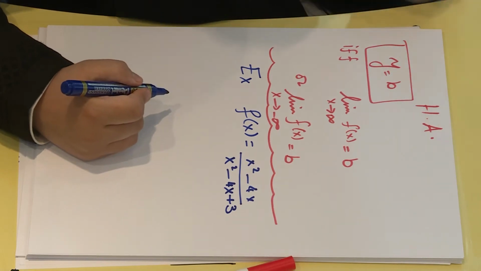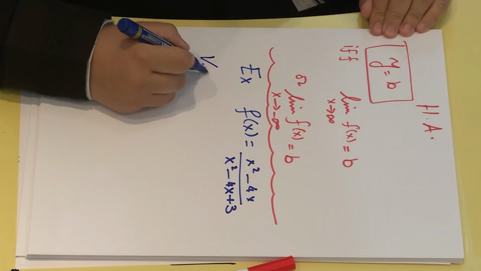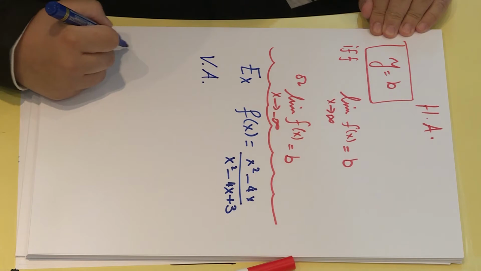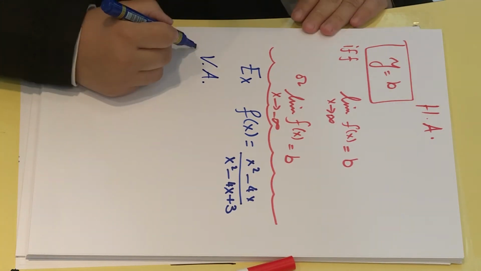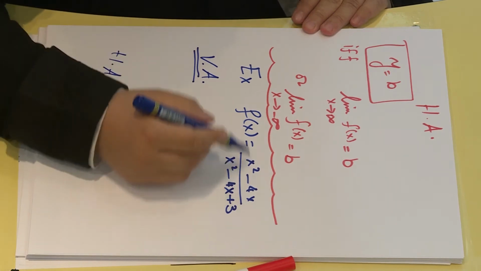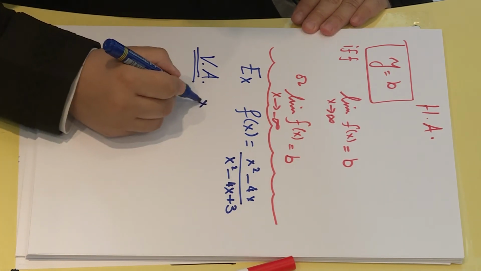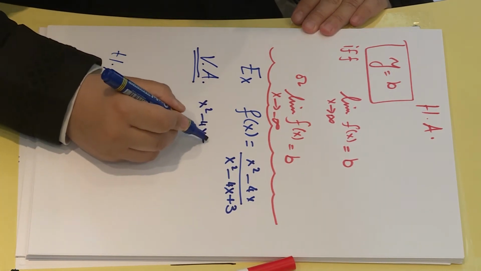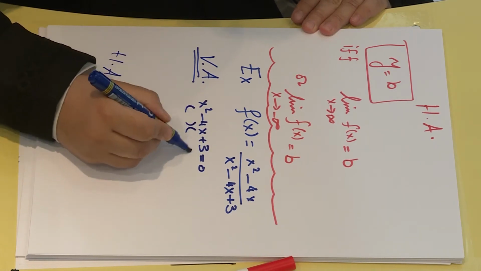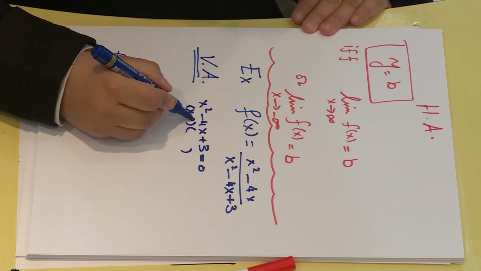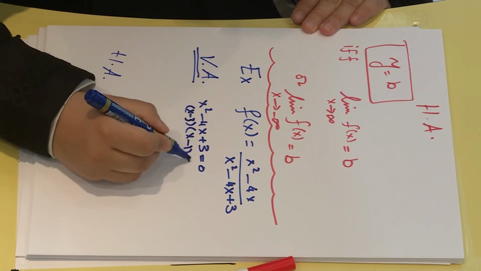Can we find the vertical asymptotes and the horizontal asymptotes? Yes, for sure. We apply what we discussed right now. What are the zeros of the denominator? We have x squared minus 4x plus 3 equals 0. This can be factored: x minus 3, x minus 1 equals 0.